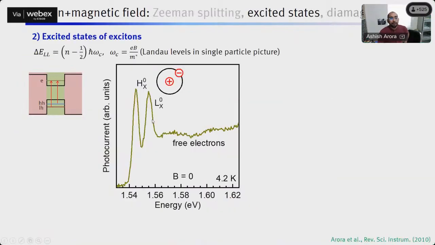Okay. What about these excited states of excitons? So the point is the following. Earlier, I had told you that there are these excited states of excitons which should be here. Now, what this Landau quantization does is, for electrons and holes, it pulls the electrons and holes together because it localizes them. Their wave functions come together.